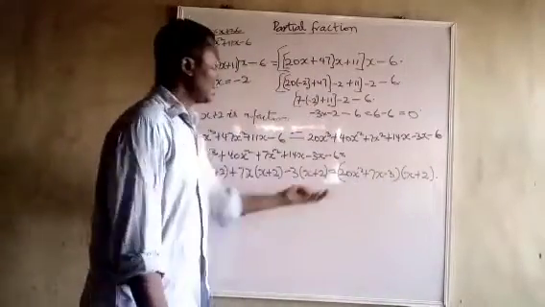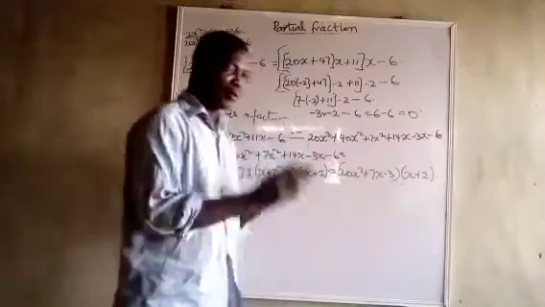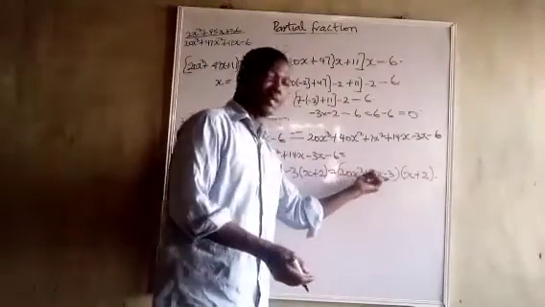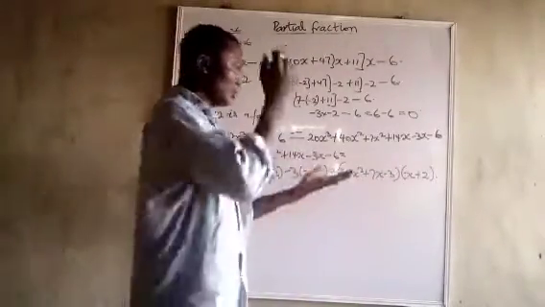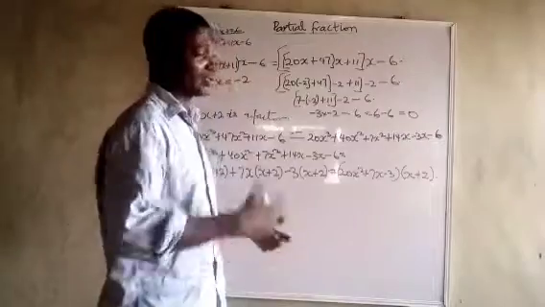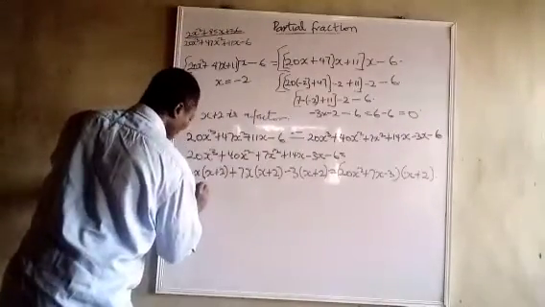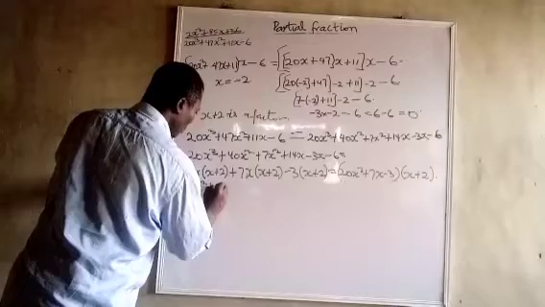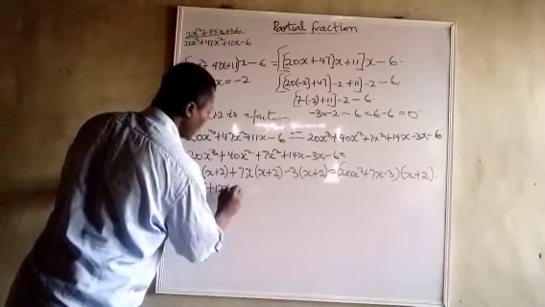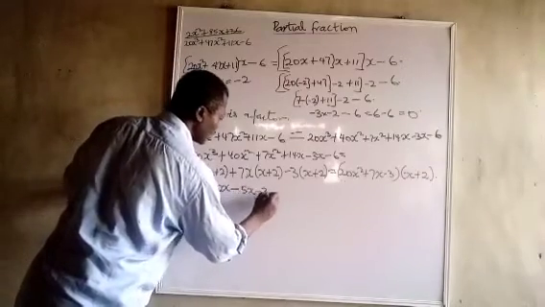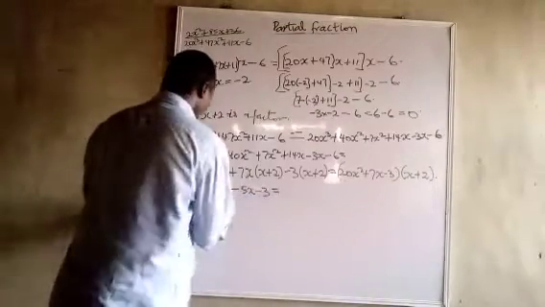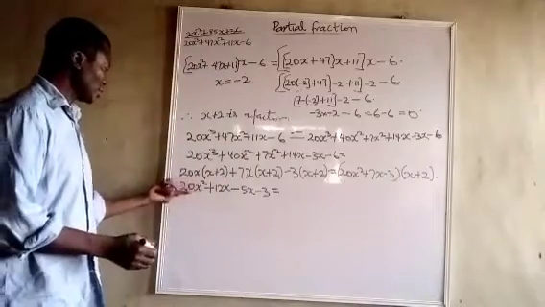Now, let me break this one down again. Let me look for two numbers whose product is going to give minus 16 and the sum is going to give me 7. That is 12 and minus 5. So 20x squared plus 12x minus 5x minus 3 will be equal to 4x, which is common to these two. Look at it.